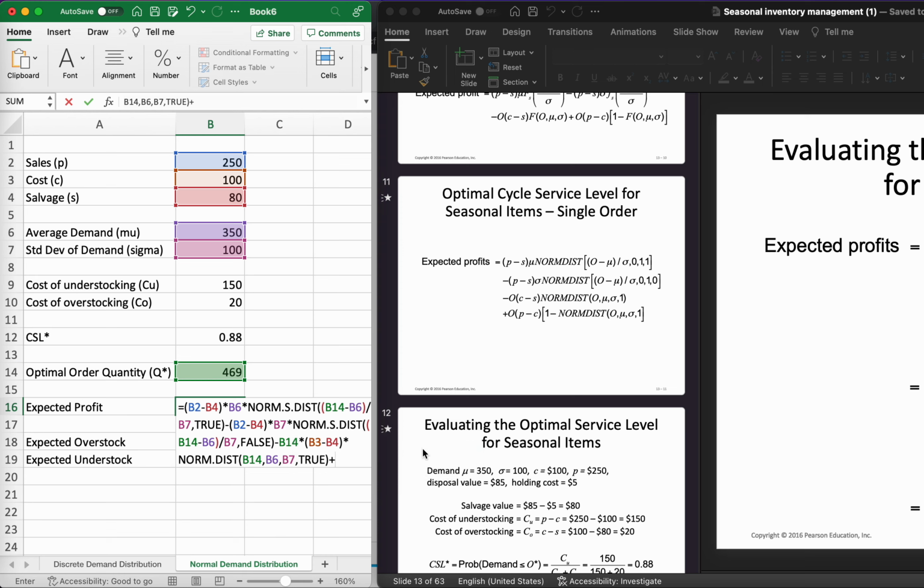And finally, plus Q times P minus C times 1 minus this distribution.